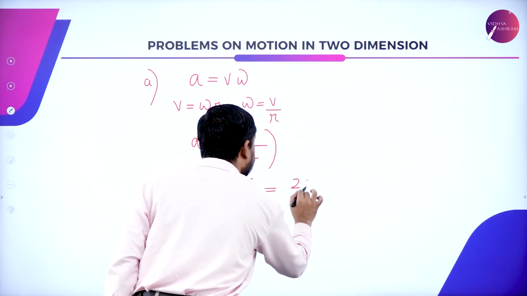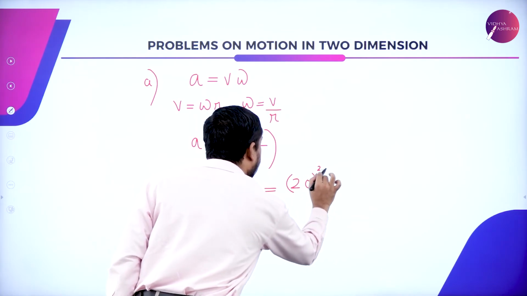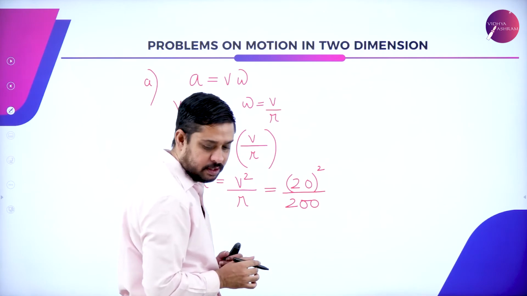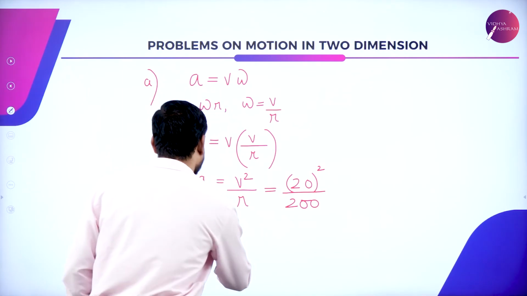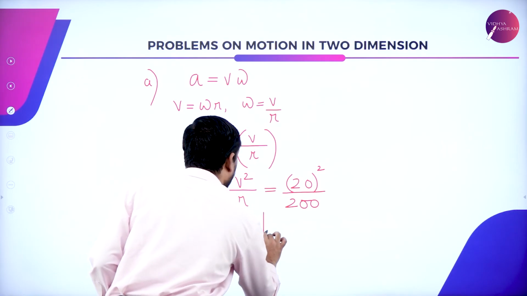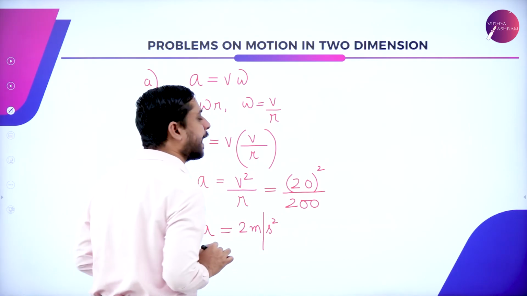So this is 20 square divided by 200. So acceleration turns out to be 2 meters per second square.